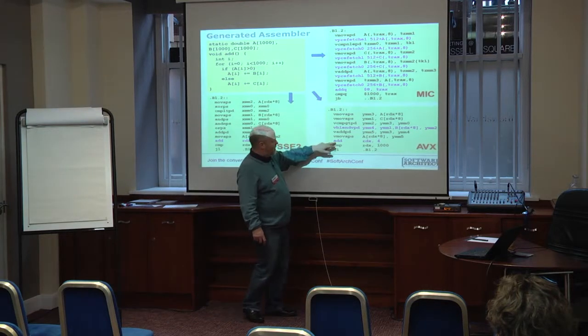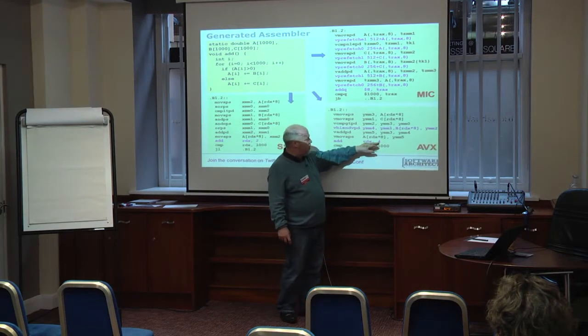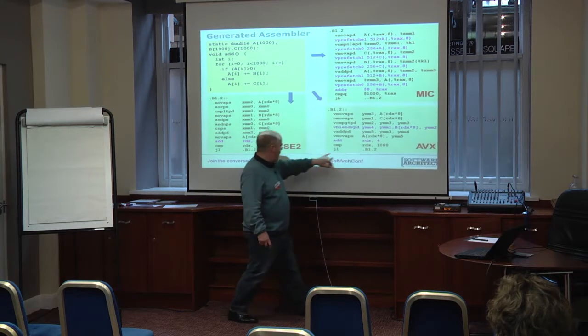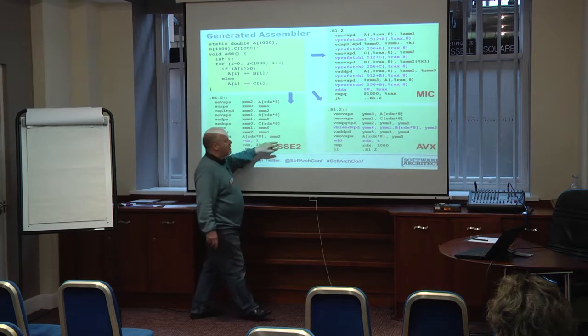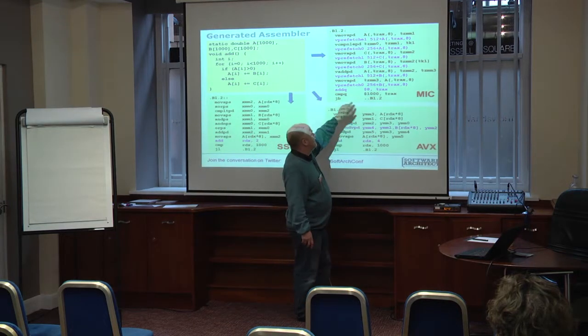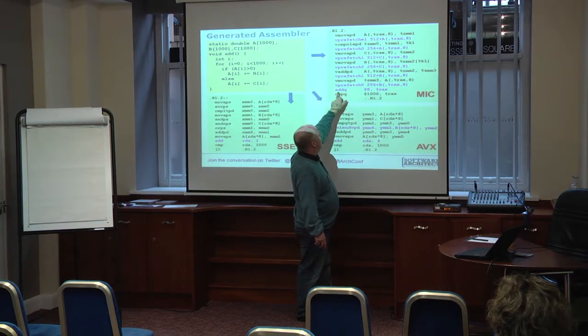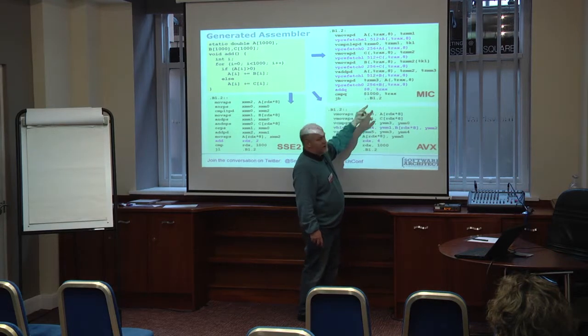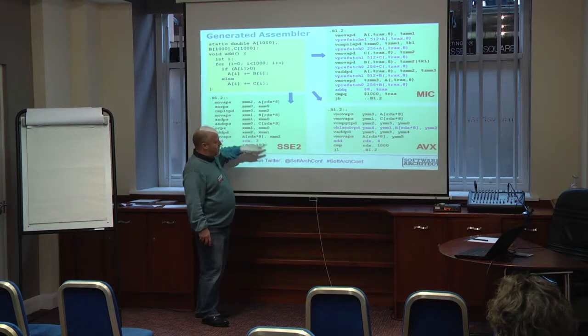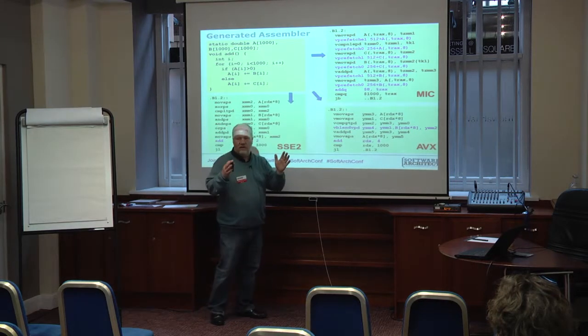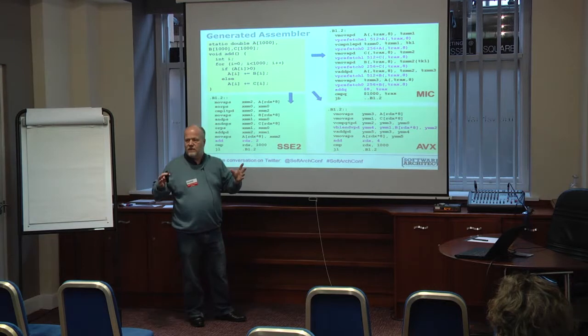If you look at AVX, it increments the loop counter by 4. We're comparing with 1,000 in each case at the end to see whether to finish the loop and carry on. And in the case of the MIC, it increments the loop counter by 8.